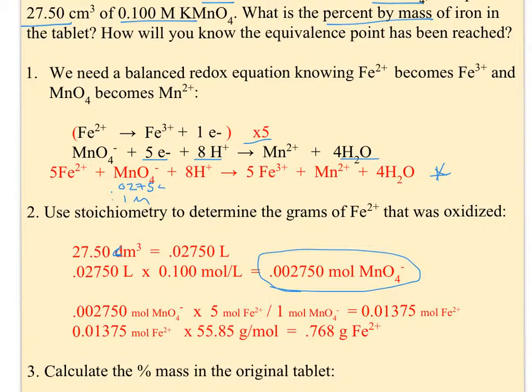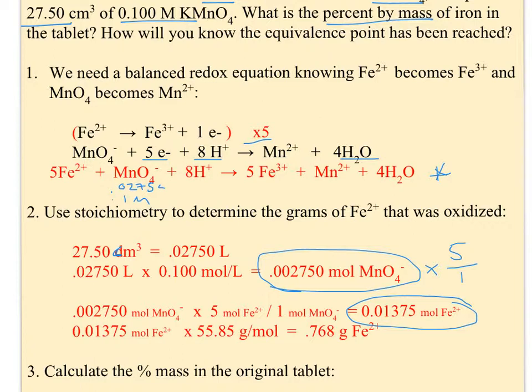And when I look at my equation, I see that the iron is oxidized in a 5-to-1 ratio with the MnO4-. So that means there must have been 0.01375 moles of Fe2+ that were oxidized in this reaction.